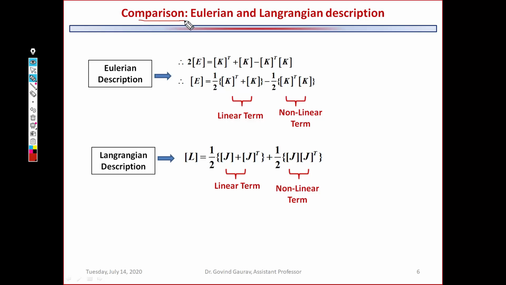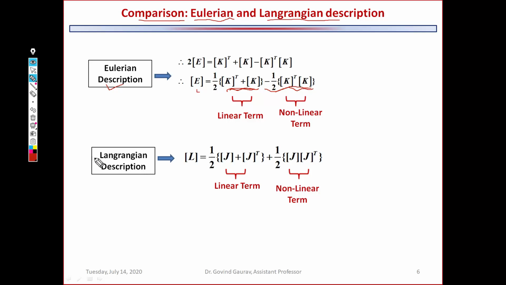Now the comparisons and the important conclusions from the Eulerian and the Lagrangian descriptions. The Eulerian description was defined as E is equal to 1 by 2 K transpose plus K minus 1 by 2 multiplied by K transpose K. This term is known as the linear term, and this term is known as the non-linear term.